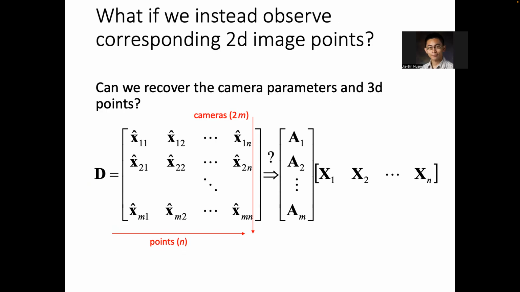I have basically a big matrix of n points. So I have n different points. For each point, you have some measurements across different cameras. Okay, so think about this. Basically, it's a video.